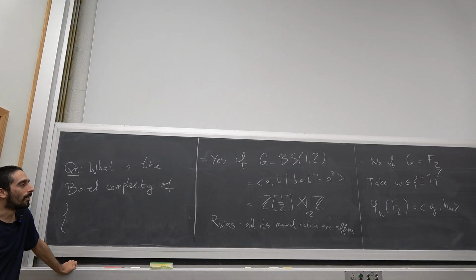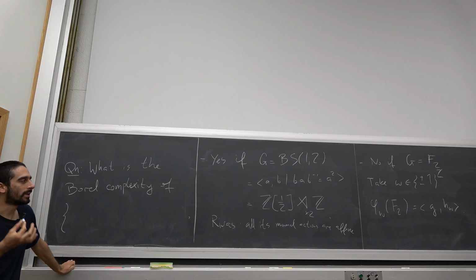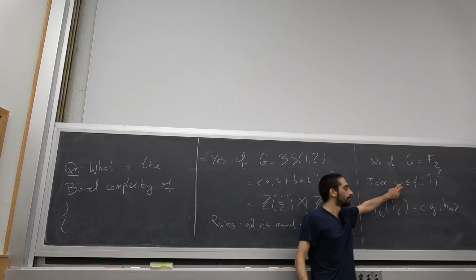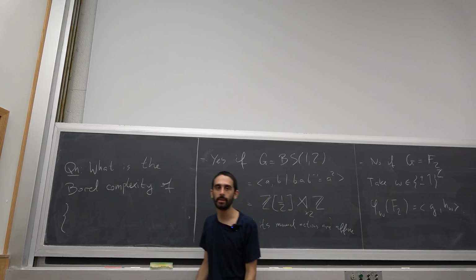It is a no. I haven't proved it, but the thing is, if you could do that, morally, you could choose in a measurable way an element from each orbit of the shift in this space. And that is not possible.